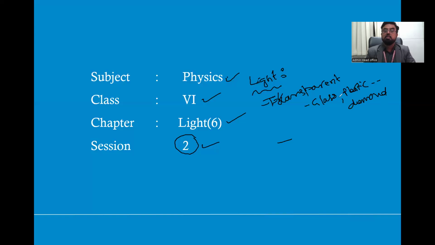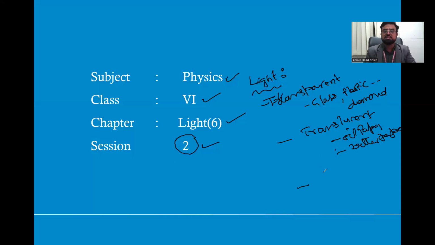But there are some substances which partially allow the light, not completely, only some part. They are called translucent. For example, oil paper, butter paper. When you pass the light, you can see that only some of the light passes through.